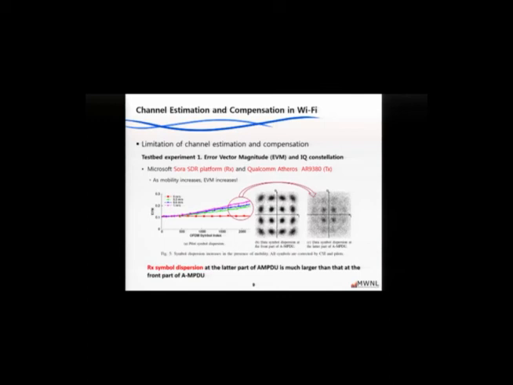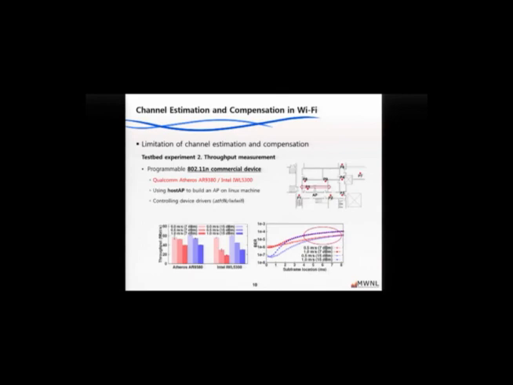Okay? Here, we used the Microsoft Sora SDR platform for the receiver, and for the transmitter, we used a Qualcomm Atheros chipset. For four different mobility cases, from 0 meters per second, meaning no mobility, up to 1 meter per second, the x-axis represents the OFDM symbol index.